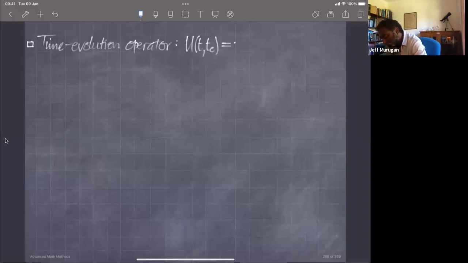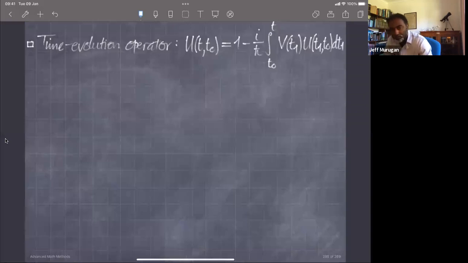This operator is given by the identity, or 1, minus i over h bar, integral from t naught to t of V of t1, U of t1 and t naught, dt1.